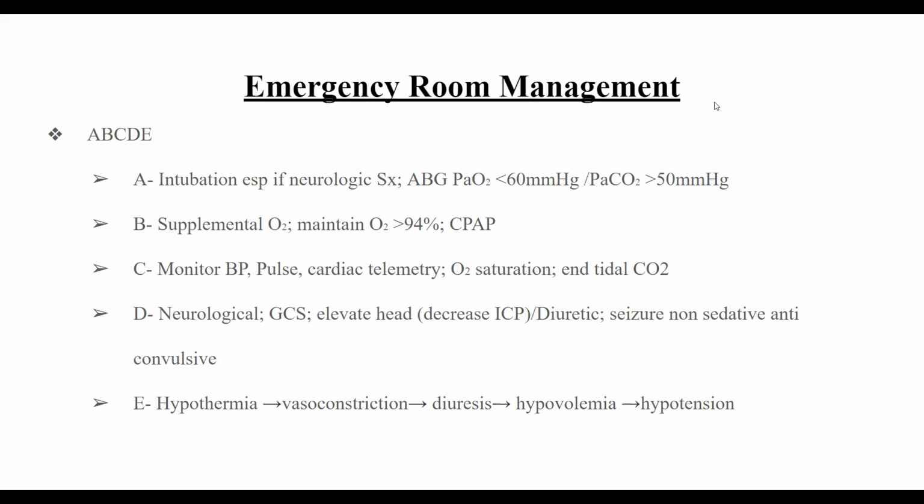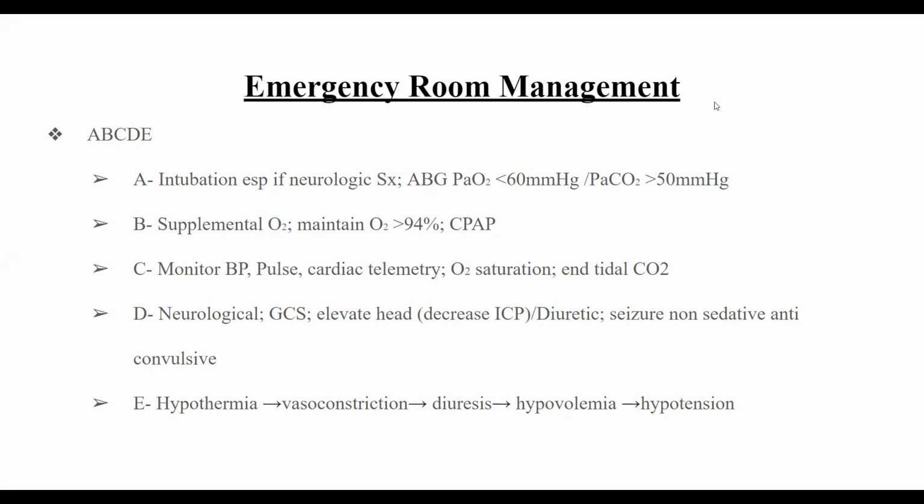So A, as per airway, you wanna intubate, especially if neurologic symptoms appear, right? You wanna do ABGs for partial oxygen that is less than 60 or carbon dioxide that is more than 50.